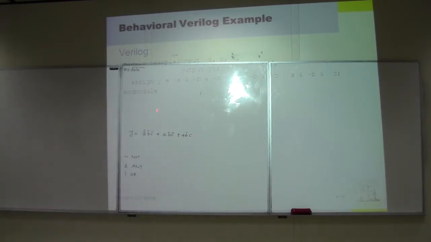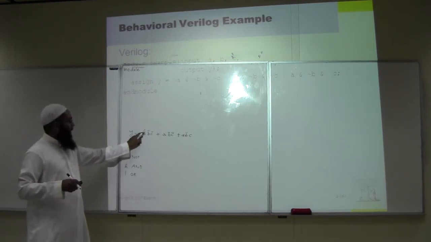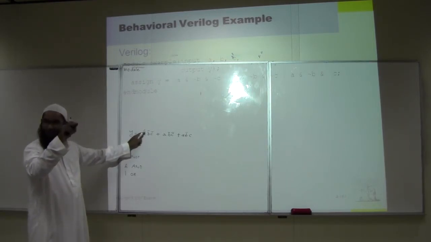This is, you know, right? Yes. This is familiar from your chapter 2 and chapter 3. A bar, B bar, C. Here this is and, right? This is or. A and B bar and C bar, or A, B bar and C. So if I give you this, and you want to write it in Verilog, you know in a computer it is difficult to write on the top, right?